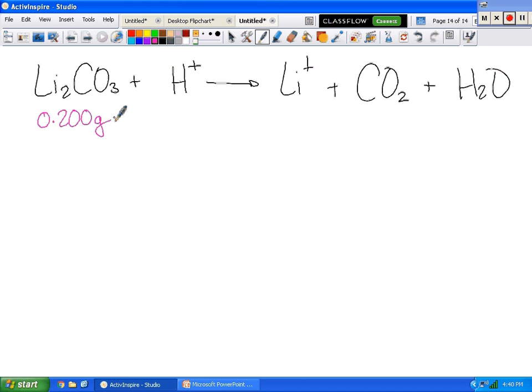Carbon dioxide. My second question is, would you ever write down something in milligrams? No. So how many grams is that? 0.0925 grams.